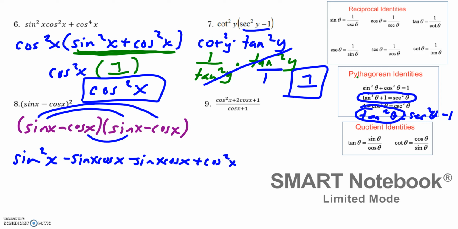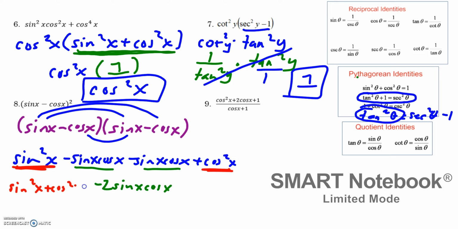It looks like we made the problem more complicated. However, here's what I'd like to point out to you. These are like terms, so that would be negative 2 sine x cosine x. And also, if I wrote these next to each other, it's a similar theme to number 6. So if I look at sine squared plus cosine squared, I know that sine squared x plus cosine squared x is 1.